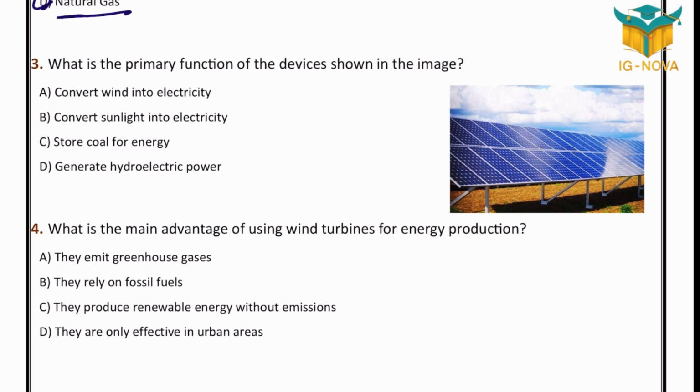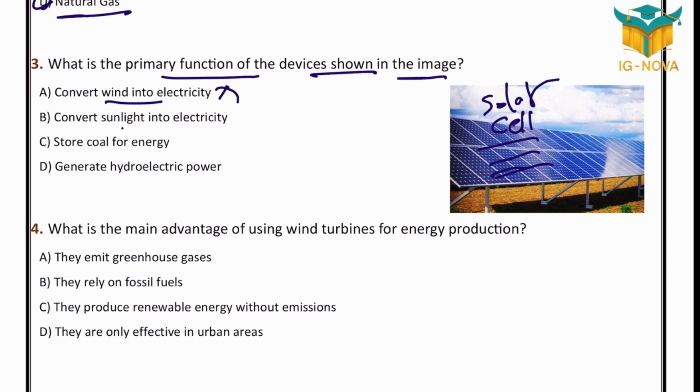Question 3. What is the primary function of the device shown in the image? This is the cell for solar energy. Solar cell. The solar cell converts wind into electricity? Surely no. Converts sunlight into electricity directly? Yeah.